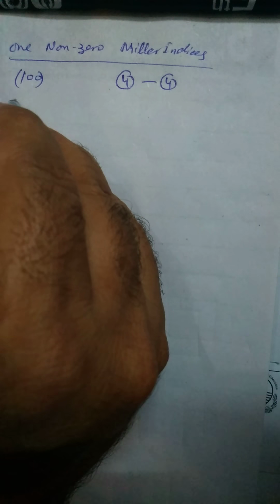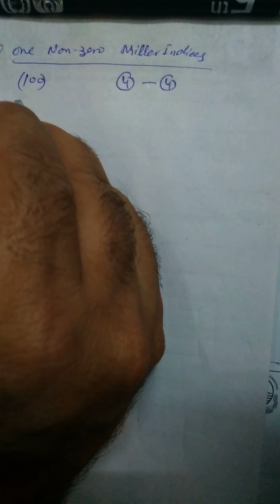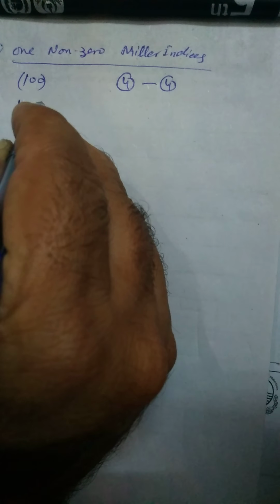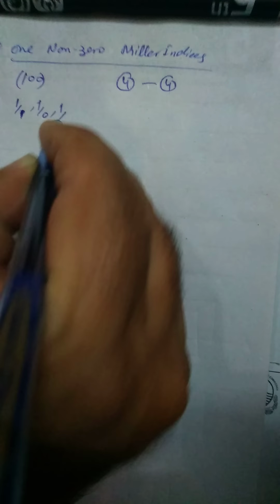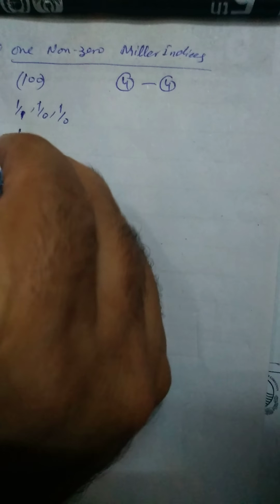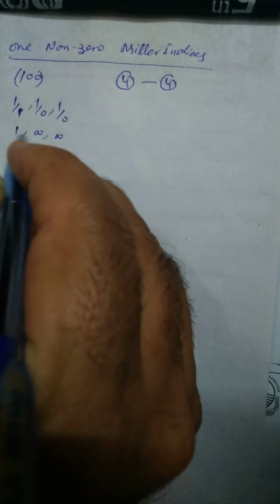For example, in case of 100, take the first step, make the reciprocals: 1 by 1, 1 by 0, 1 by 0. It means 1, infinity, infinity.